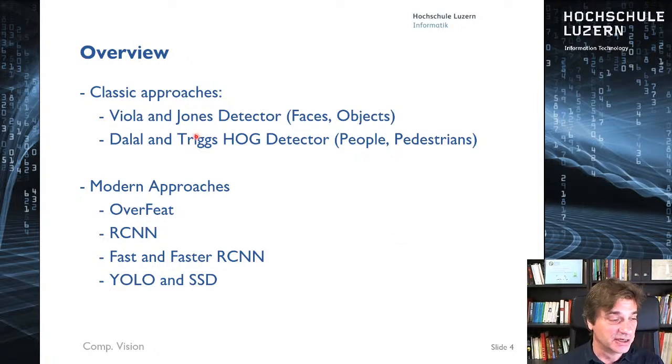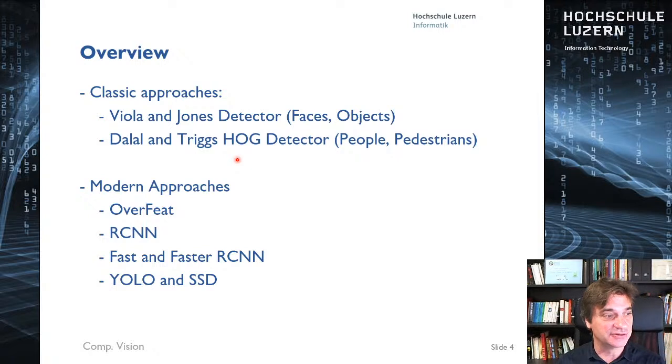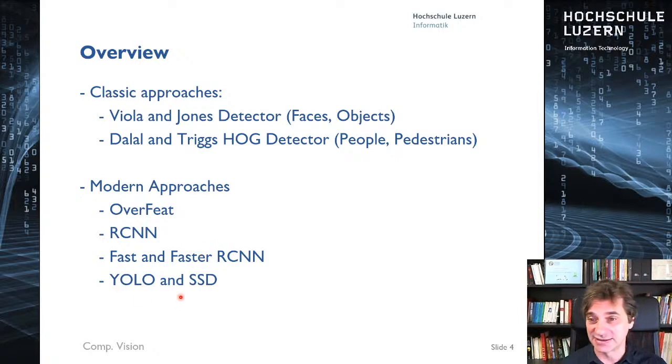It could also be used for objects, and then we will also look quickly at the HOG detector, used for people and pedestrian detection. Then we will go on to more modern approaches. We'll quickly look today at the overfeat approach, which takes some things from classical approaches and combines them with neural networks, and then we go to the really neural network based approaches next week: RCNN, Fast and Faster RCNN, YOLO and SSD, and maybe one more approach.